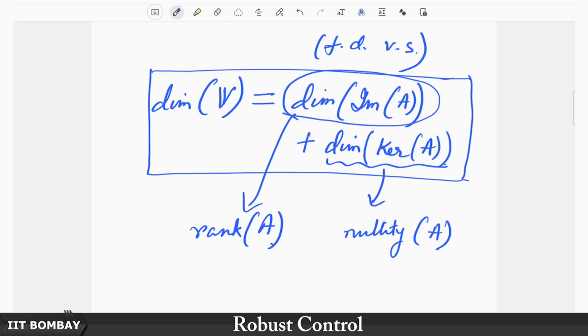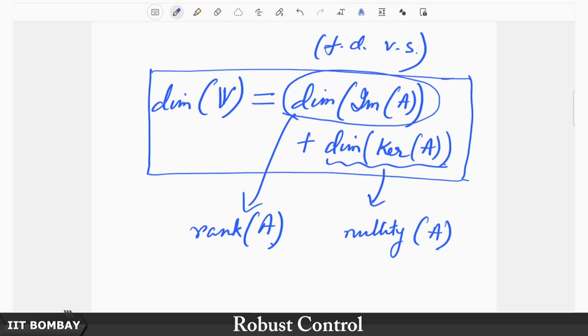So, for a surjective mapping, the dimension of the domain, that is V, is at least equal to or greater than the dimension of the codomain, that is W. So, the vector space V appears to be richer, right.